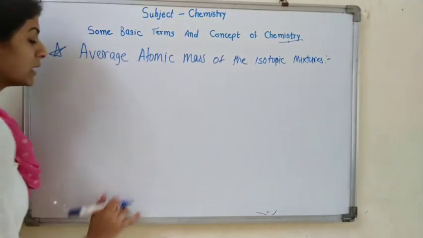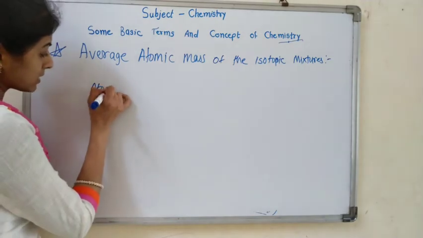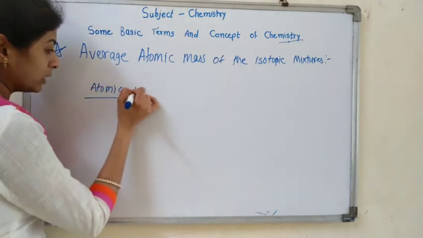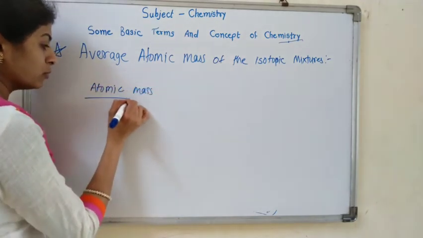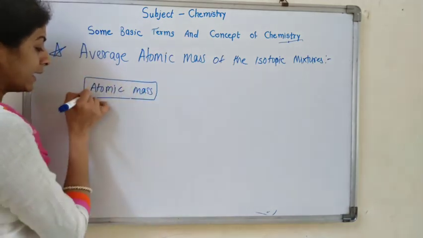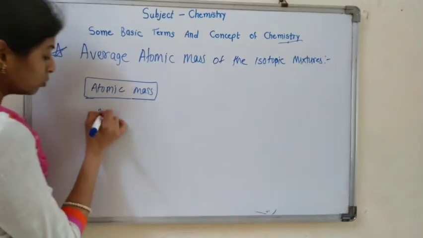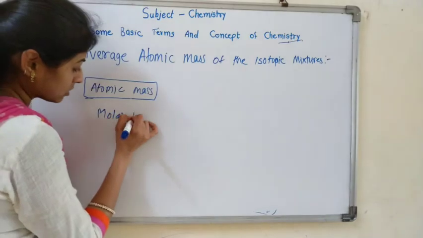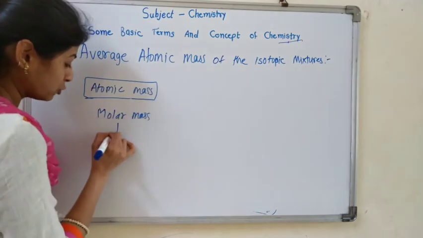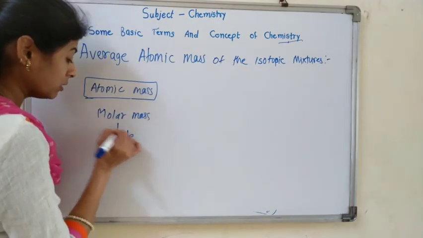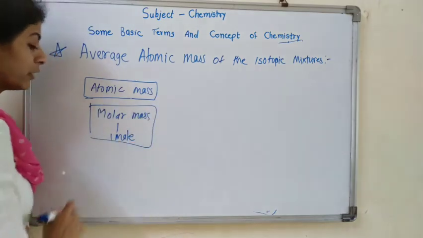Now let's remember: atomic mass is the mass of one atom of an element. Molar mass is the mass of 1 mole of an element.